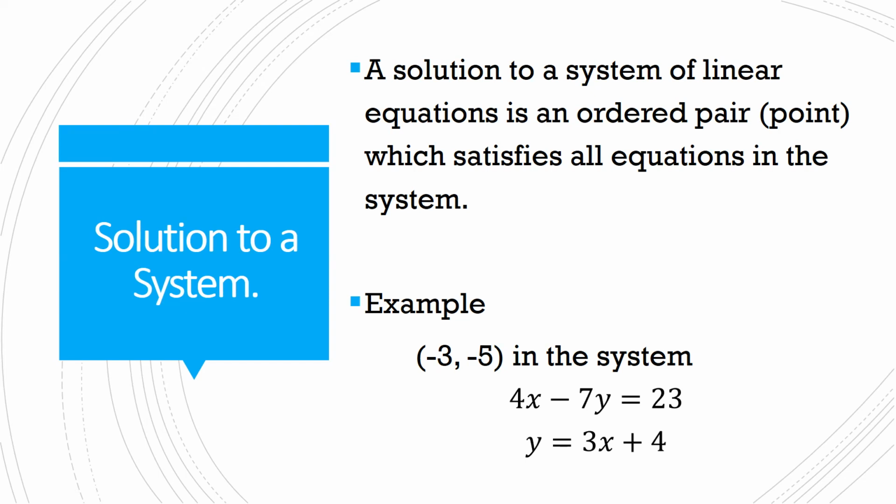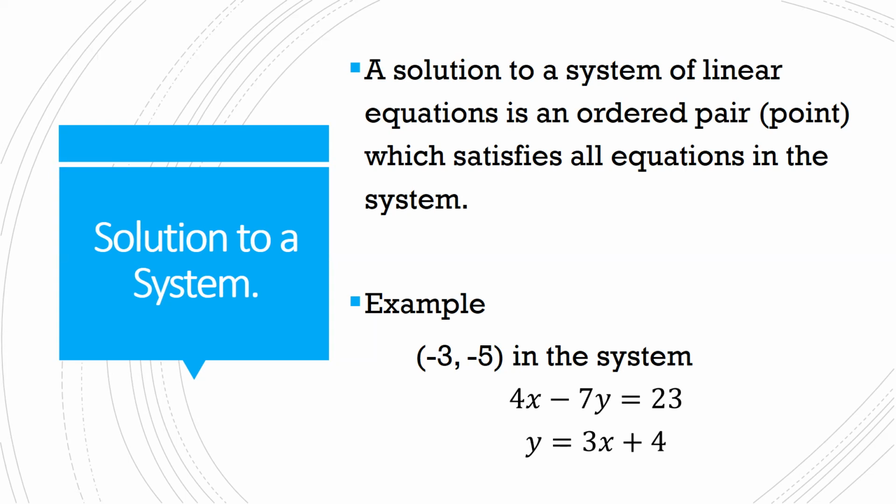Now, before I move on, in the last few slides we've had two variables in all of our equations. Once you get into more variables, a solution is going to be an ordered triple if we have 3 variables, or an ordered quadruple if you have 4 variables.